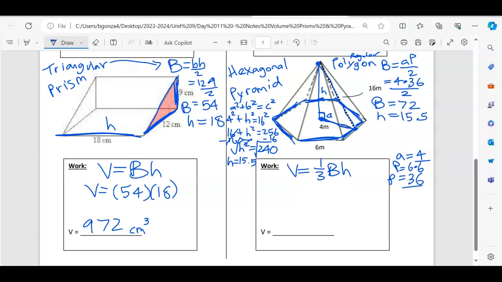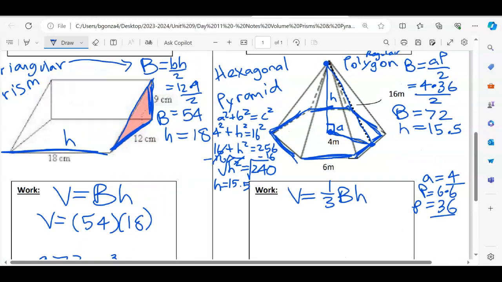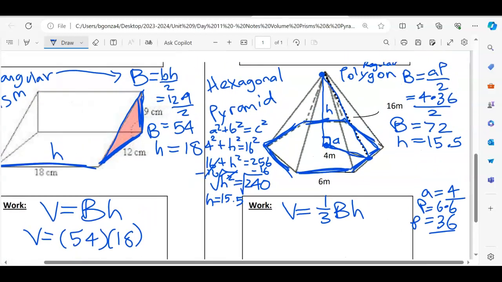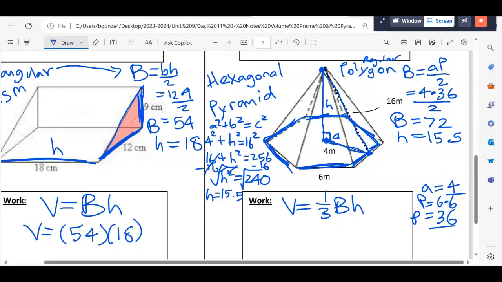Okay, if you are missing a height, you will have to do yourself a little Pythagorean theorem to figure out that missing height. Does everyone see how I did it off to the left here? So 4 squared plus h squared equals 16 squared. You square the numbers, you subtract them, and then you square root to get the missing side, which is the height.